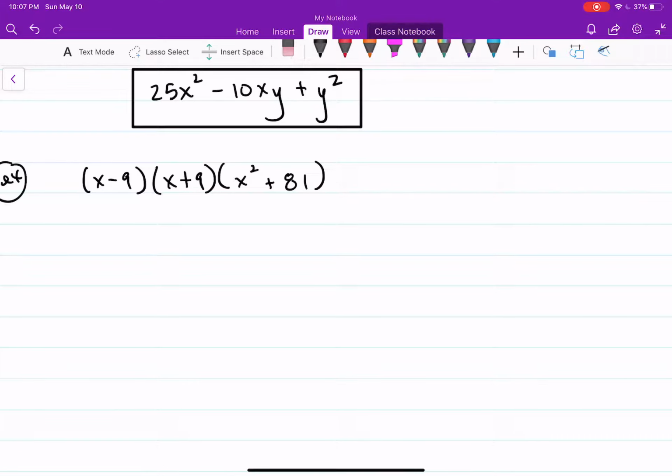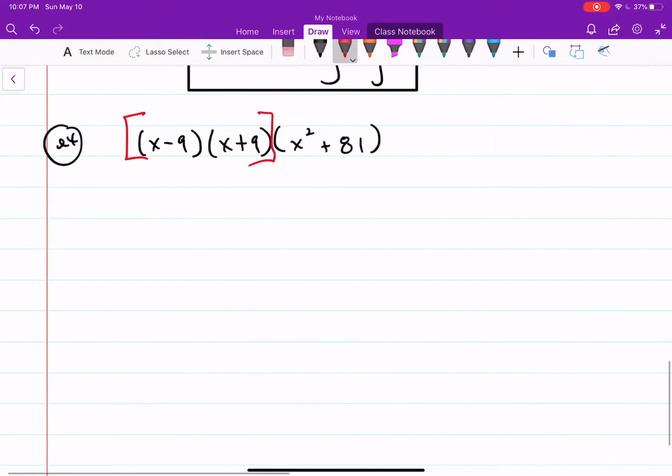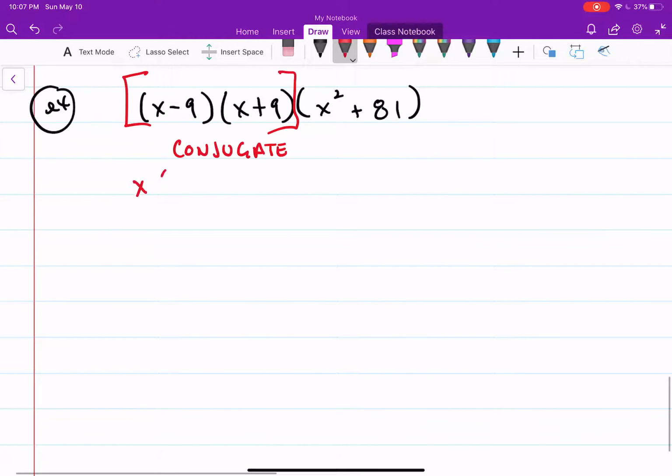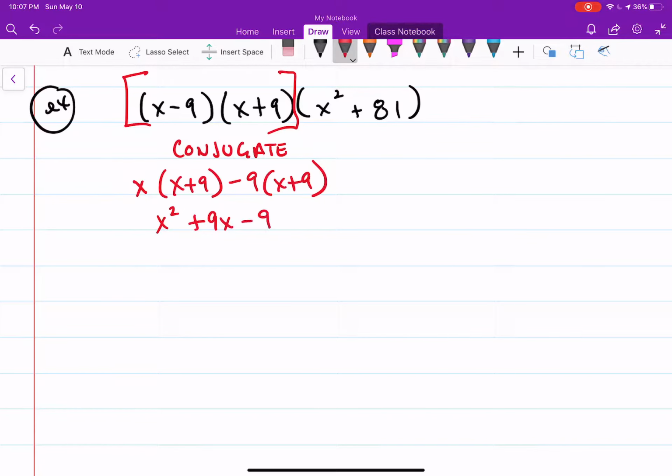So we're going to only take care of just this piece first right here, okay? And look at that. That's a special one. It's a conjugate. So I'm going to get x squared plus 9x minus 9x minus 81.